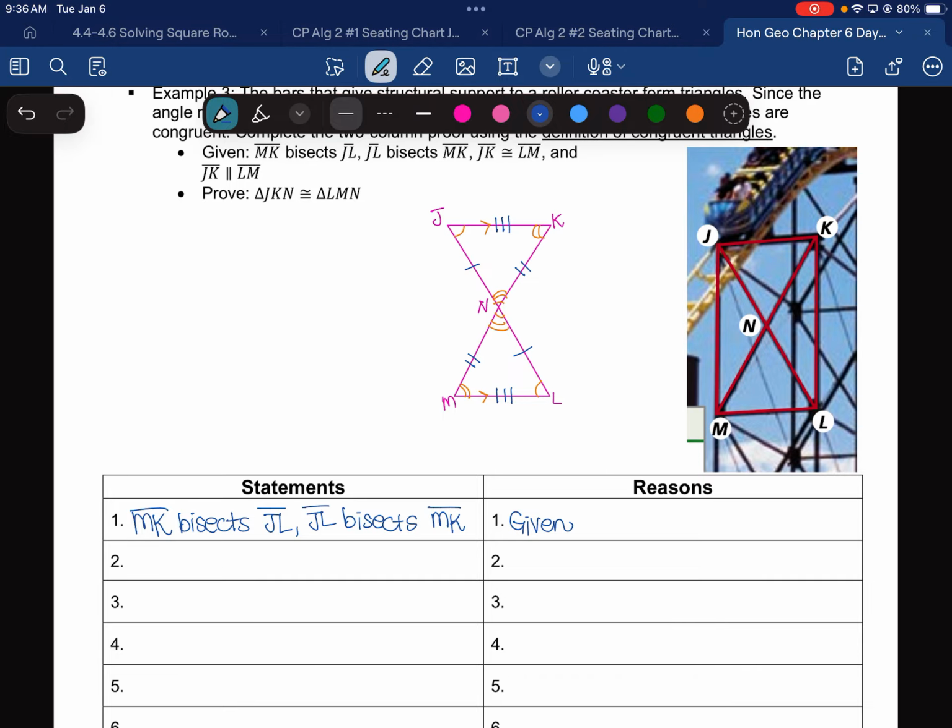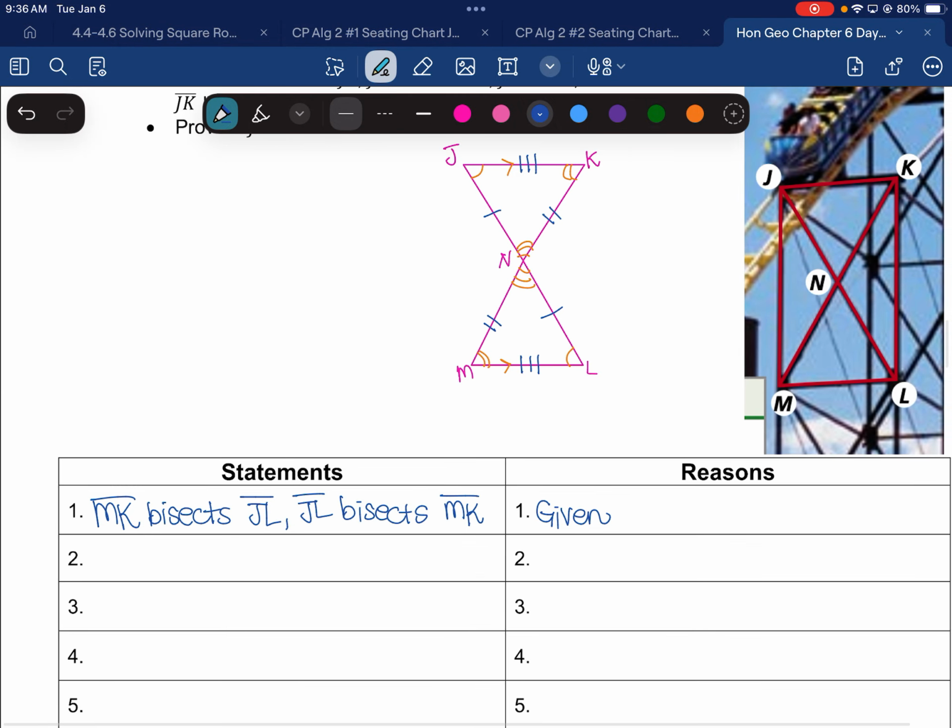Are you with me? So that helped me mark that segment JN was congruent to segment LN, and segment MN was congruent to segment KN.